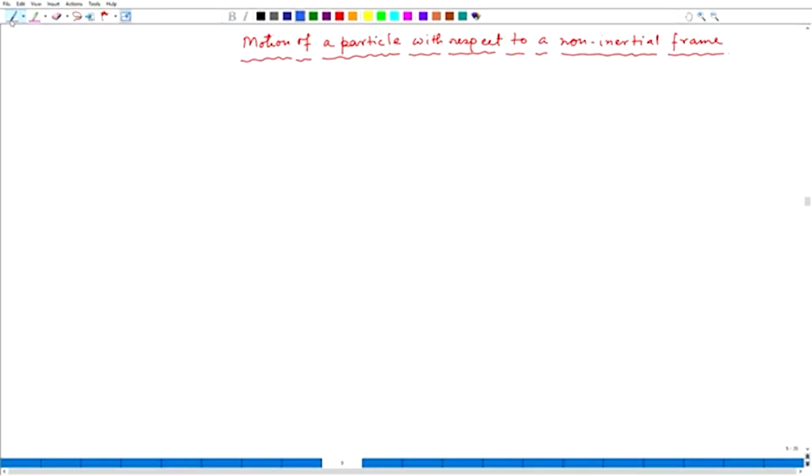So, here I can give you the formula for relating the d/dt of an inertial frame of reference and a rotating frame of reference with respect to that inertial frame of reference and sharing the same origin.